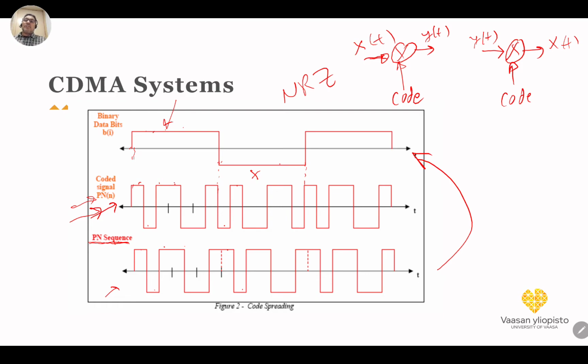So we need some estimation of the delay in order to generate the code, because we don't know when the received code starts exactly. We need at the receiver to track this delay, the channel paths, in order to generate the code with the right starting time or the right phase.